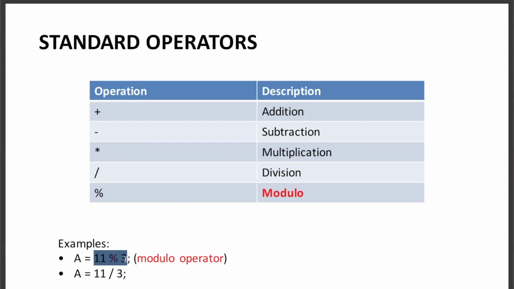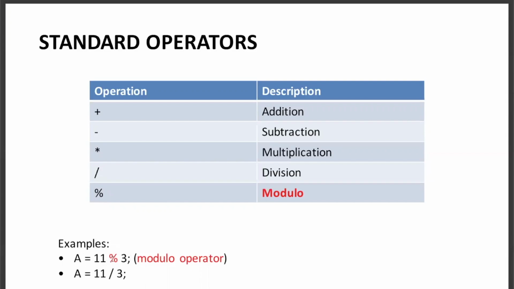So modulus gives you the remainder, and it's a very, very commonly used operator in C, C++, and other programming languages. You typically use this modulus to look for whether a number is completely divisible by certain numbers.